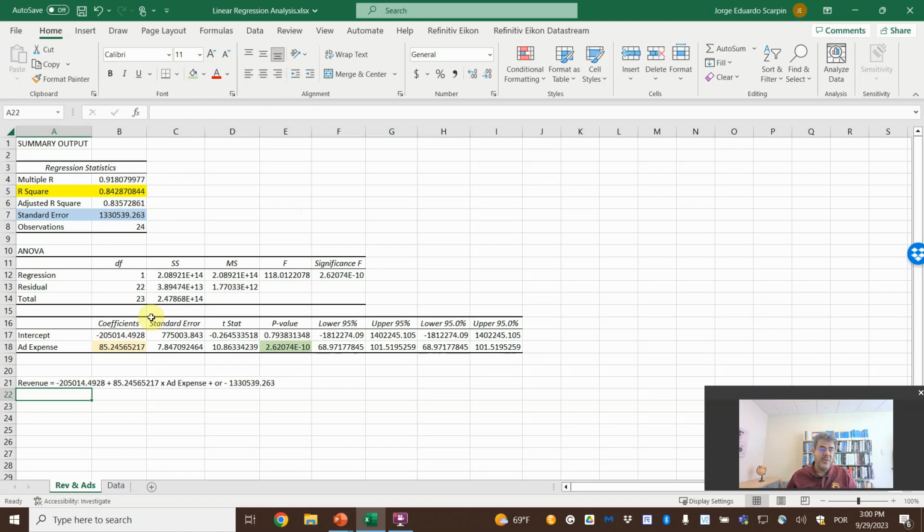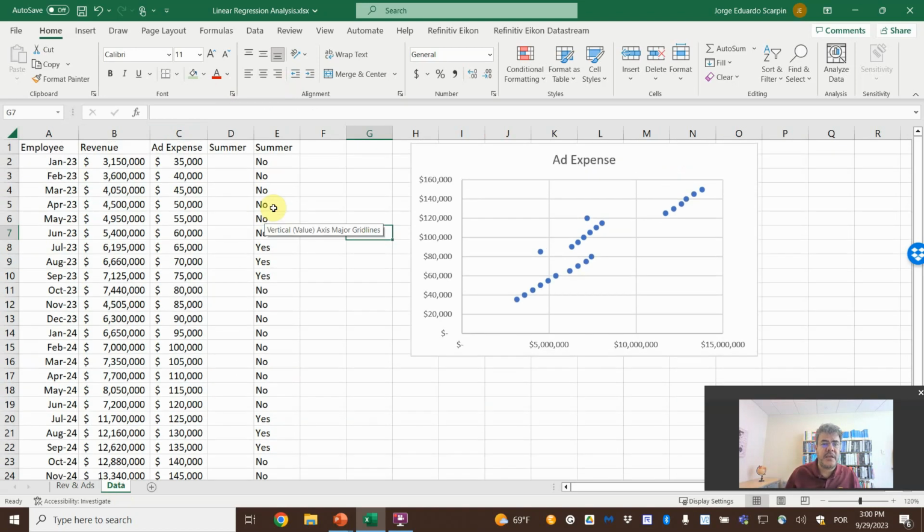However, we consider that maybe during summer our sales are larger because our product is very good in summer. So we want to add this summer as a categorical variable. However, regression, just like math, we work with numbers.